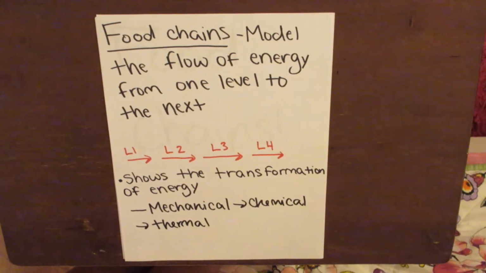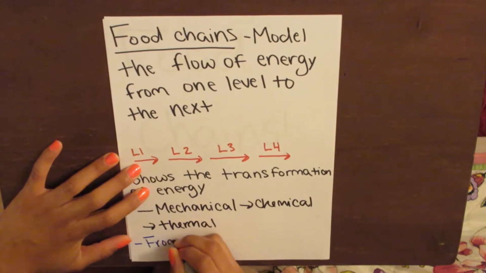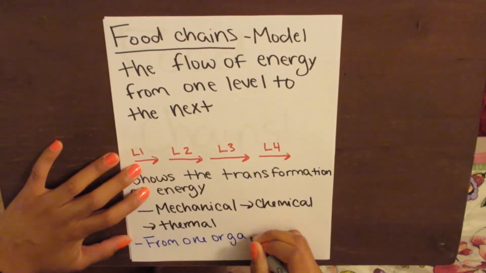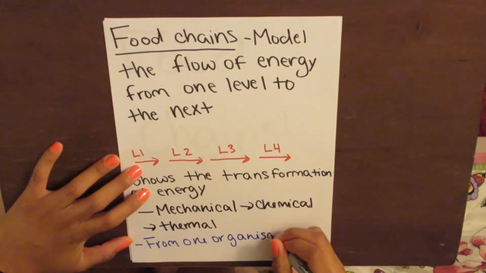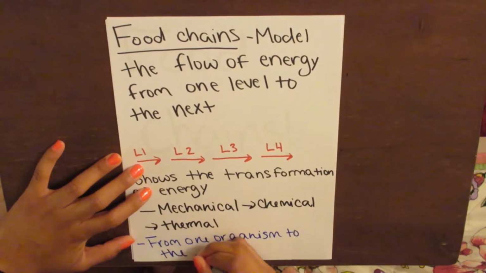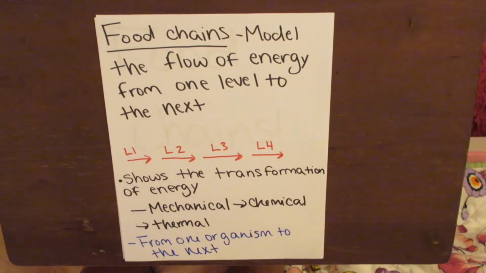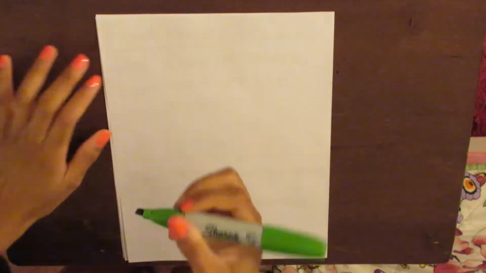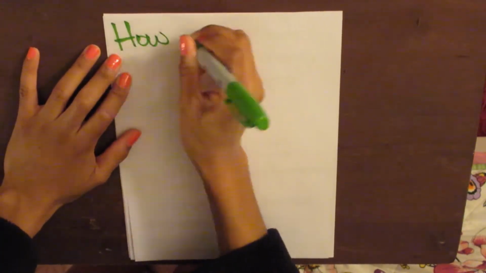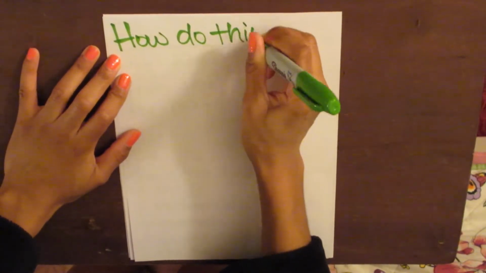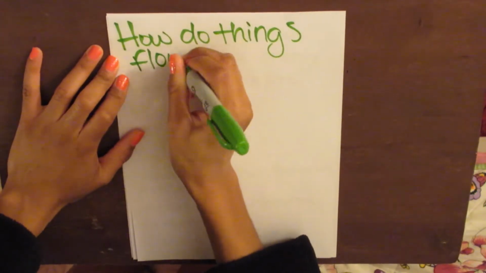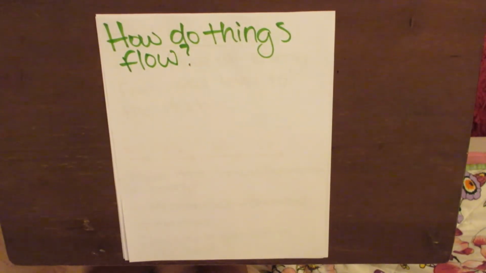But the way that energy is being transferred in a food chain is moving from one organism to the next organism. So let's go ahead and look at how things flow in the food chain, how things are moving from one level to the next.